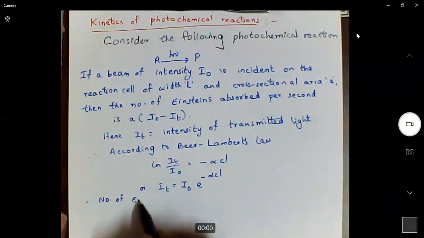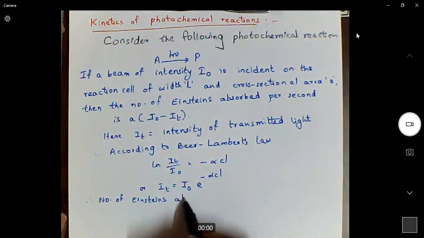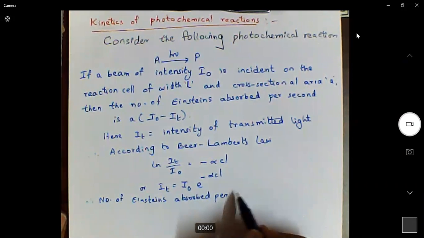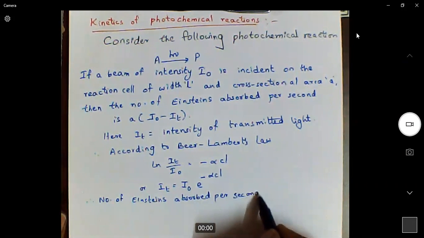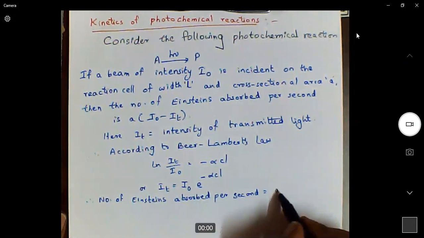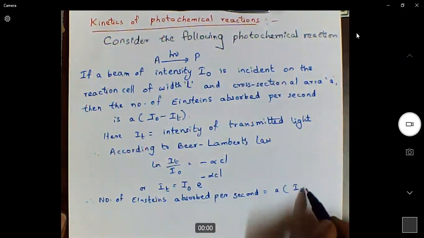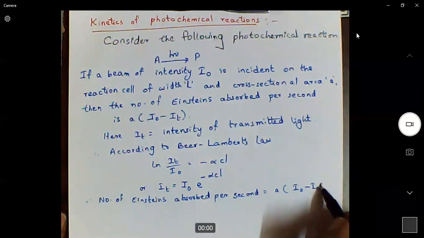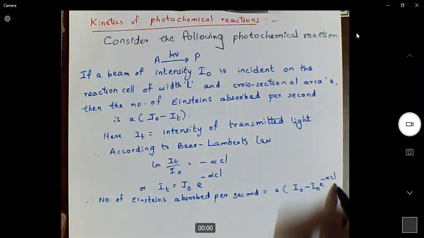Number of Einsteins absorbed per second is equal to A into I naught minus I naught into e power minus alpha CL.